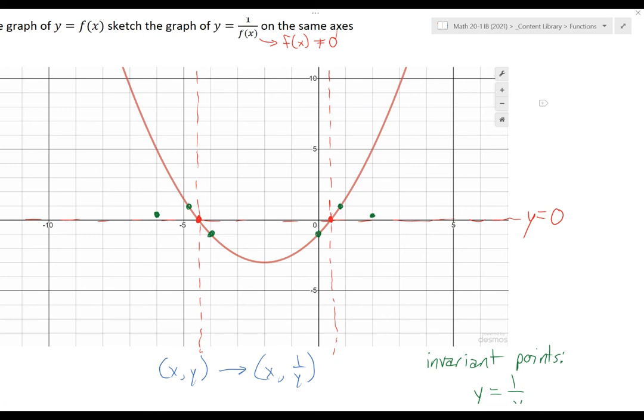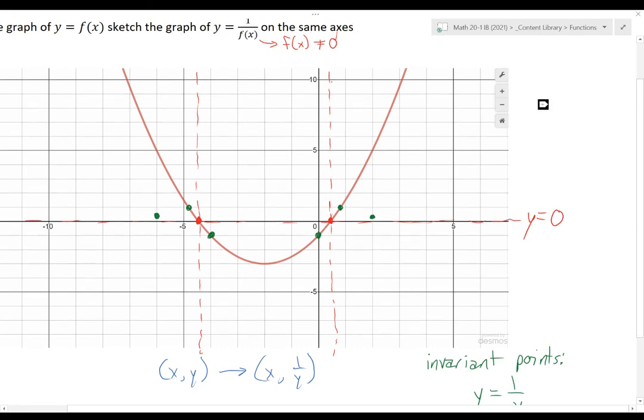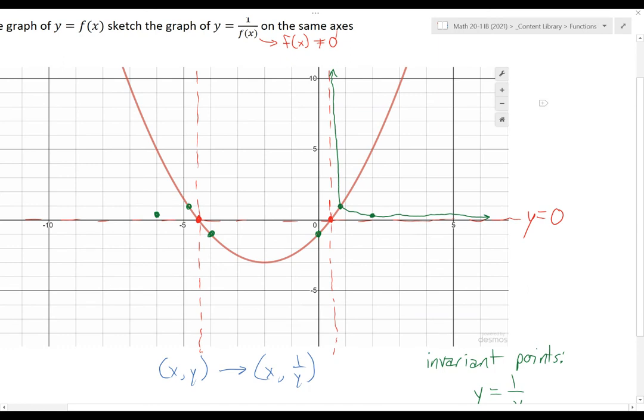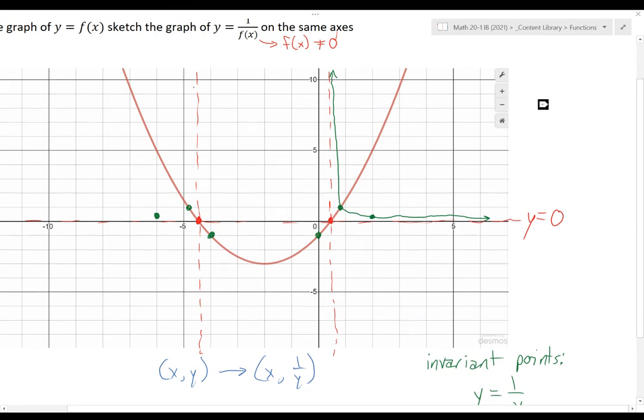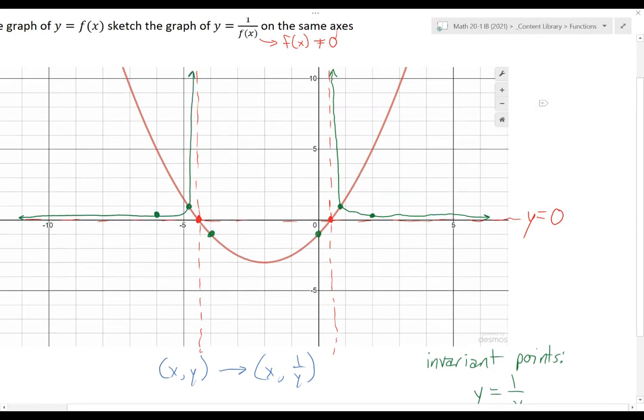And the smaller the original y value, the bigger 1 over y is going to be. So this is going to look like what we've come to expect from rational functions. It's going to be a curve that goes through those points, specifically the invariant point. I have to be really careful about that, and approaches these 2 asymptotes. And the same is going to be true on the far left of the graph. I have a curve that comes down towards those asymptotes and gets quite close to them.